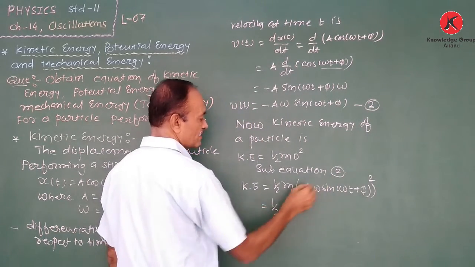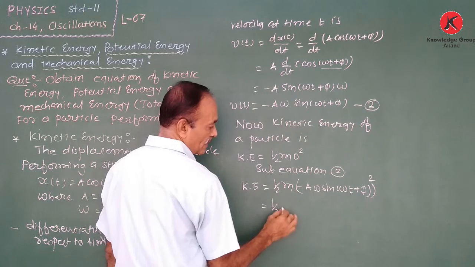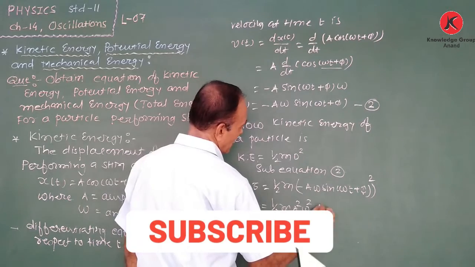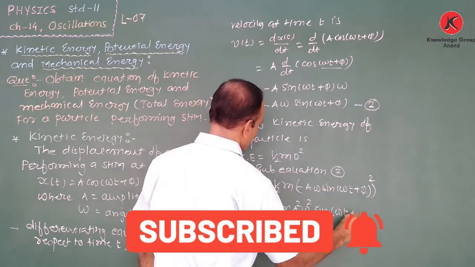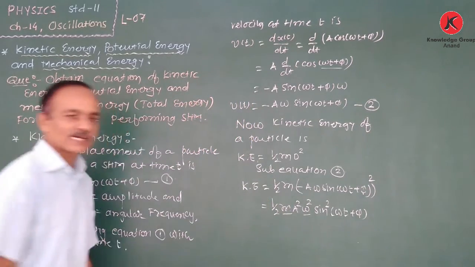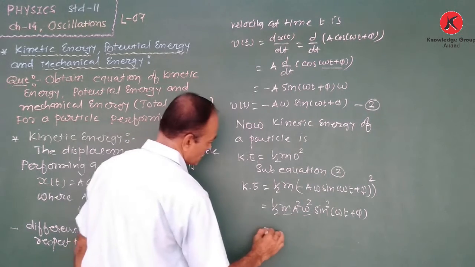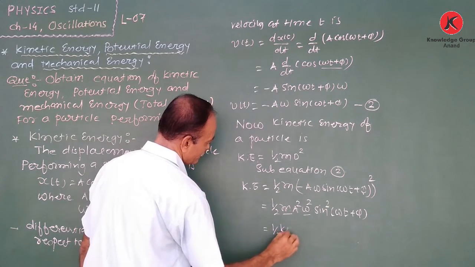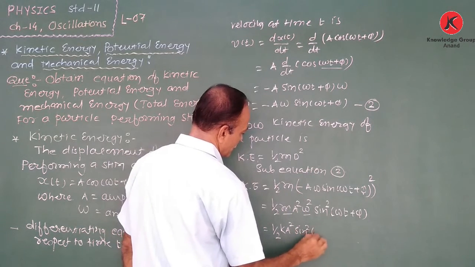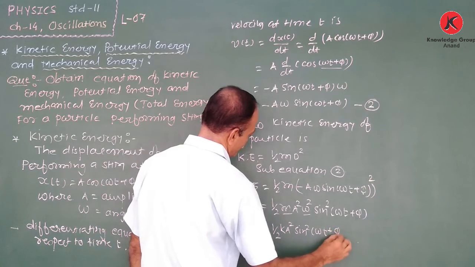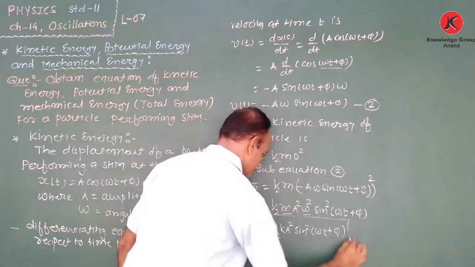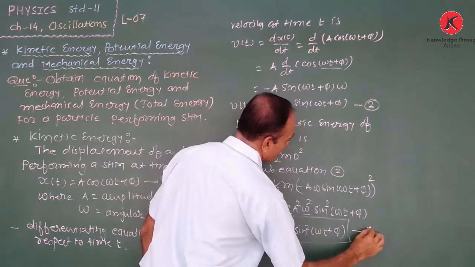The negative becomes positive, so half m A square omega square sin square(omega t + phi). Now, we know that m omega square is equal to k, so K = half k A square sin square(omega t + phi). That is the equation of the kinetic energy, equation number 3.